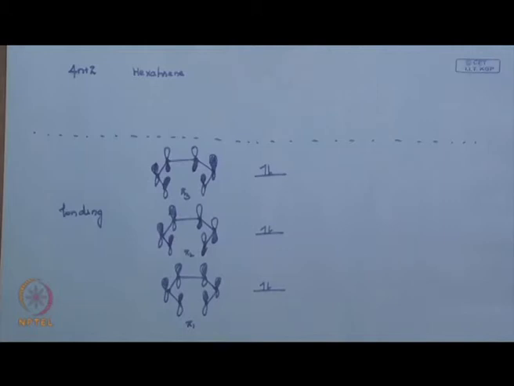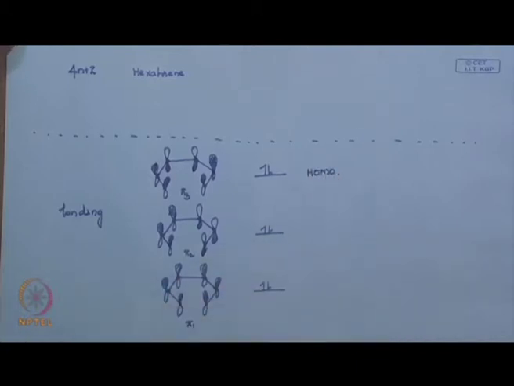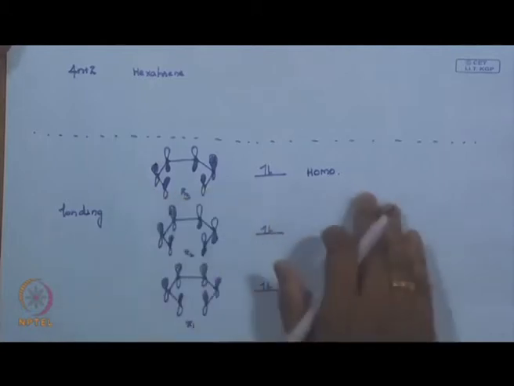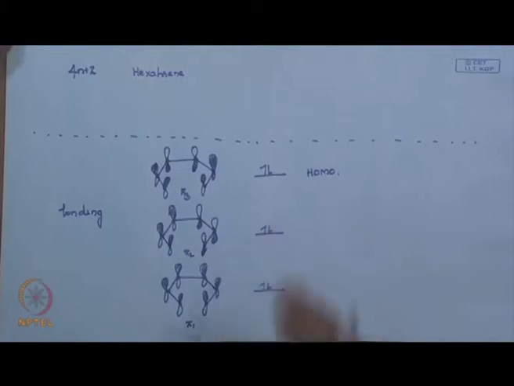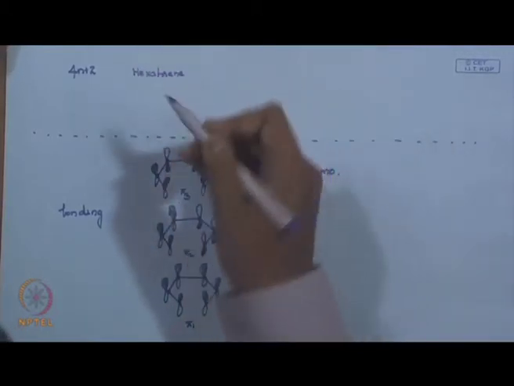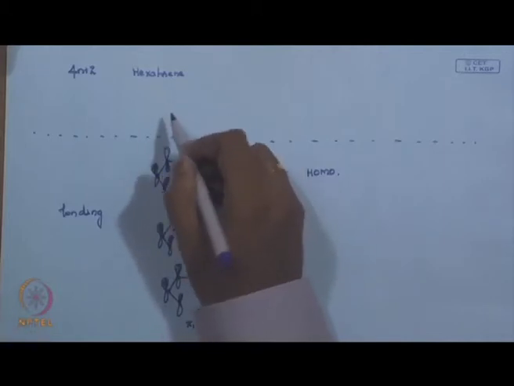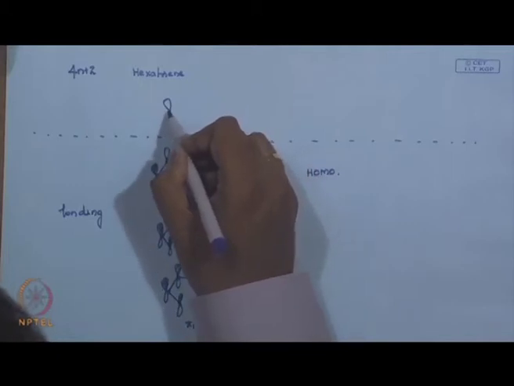So this is your bonding system, and this is the part which you are going to be much worried about, your HOMO. Okay. So when I talk about your thermal condition, you are going to think about your pi 3 system, which is your HOMO. Okay. And you know antibonding, you can again draw 3, which I have already shown. In this case, I am just going to draw one system which we will be studying.